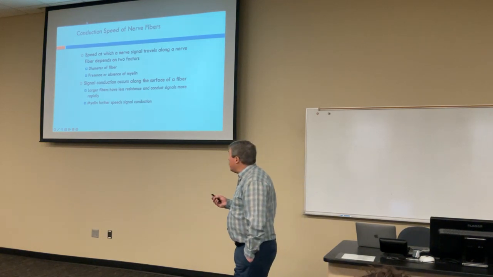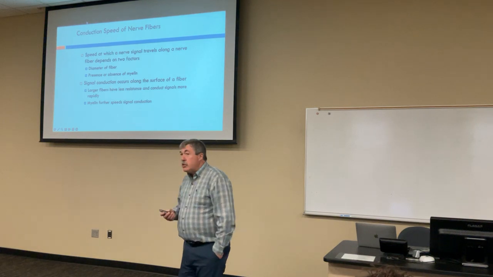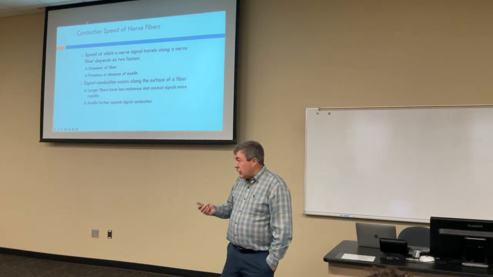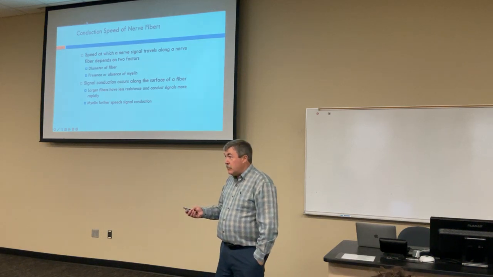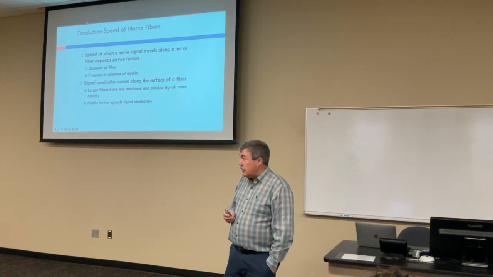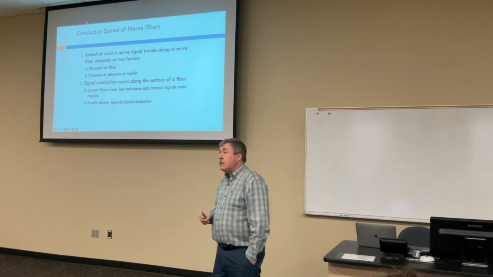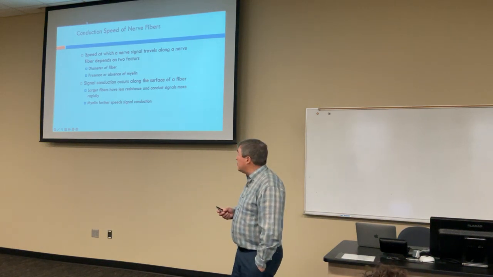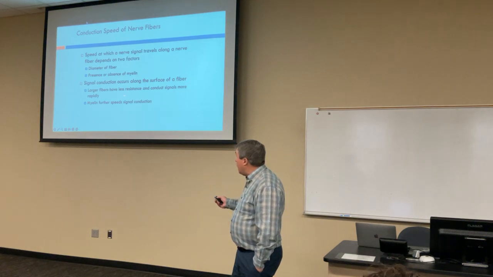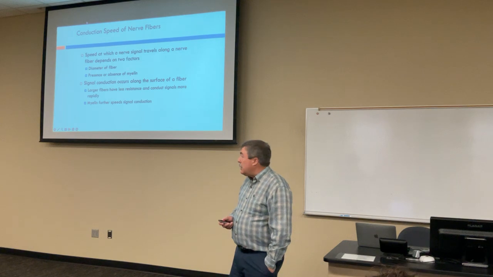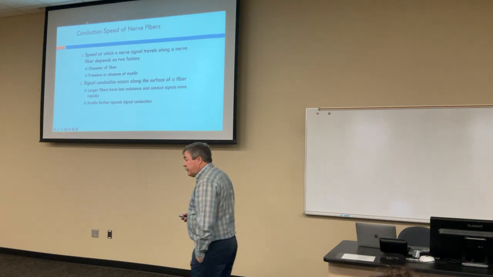So, in general, larger diameter axons conduct signals faster than smaller diameter axons. So the larger the neuron, the faster the conduction of impulses. And also the presence of myelin can further speed up signal conduction.